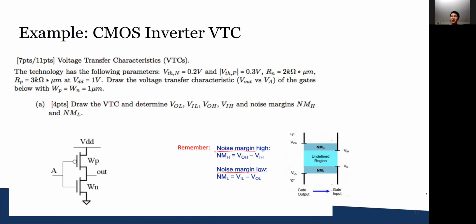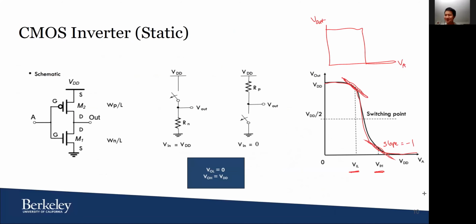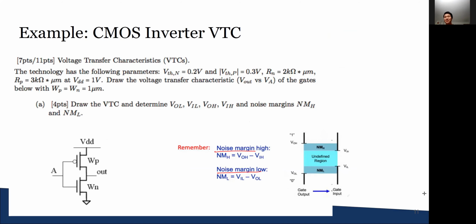Noise margins mean that the input voltage that would result in the output being low has to be above a certain amount from the previous logic gate.